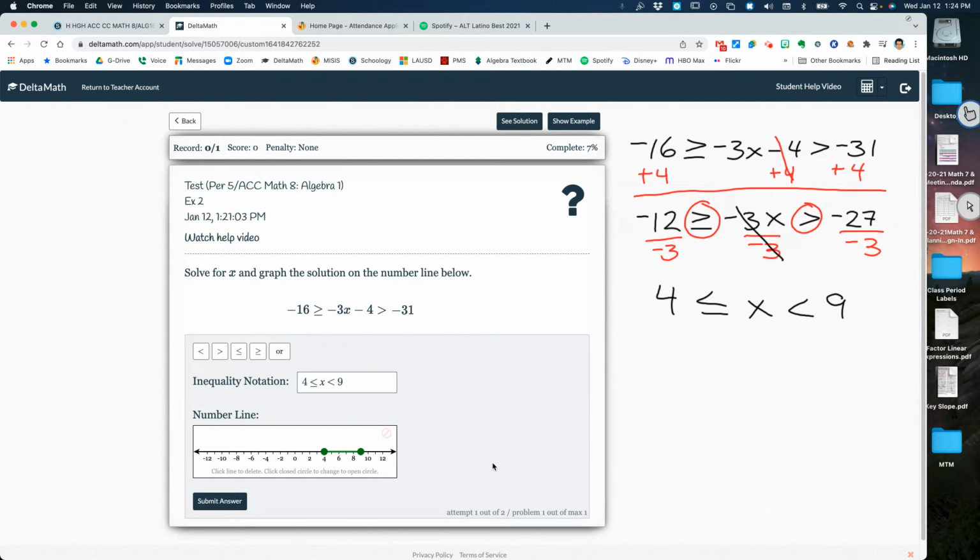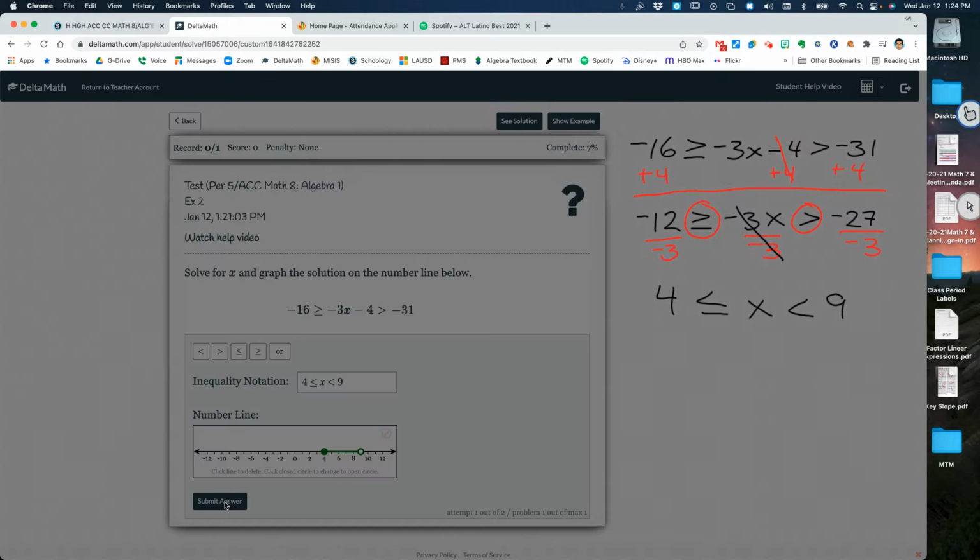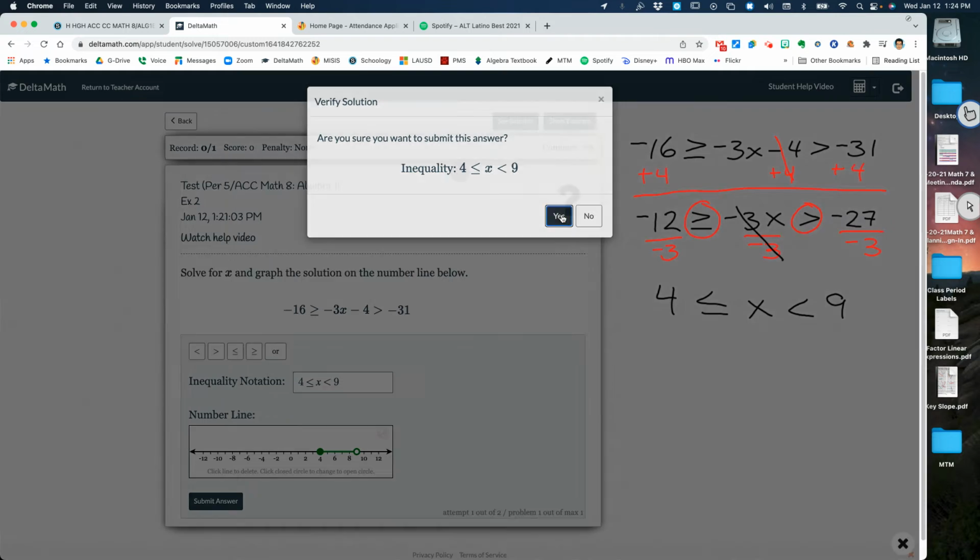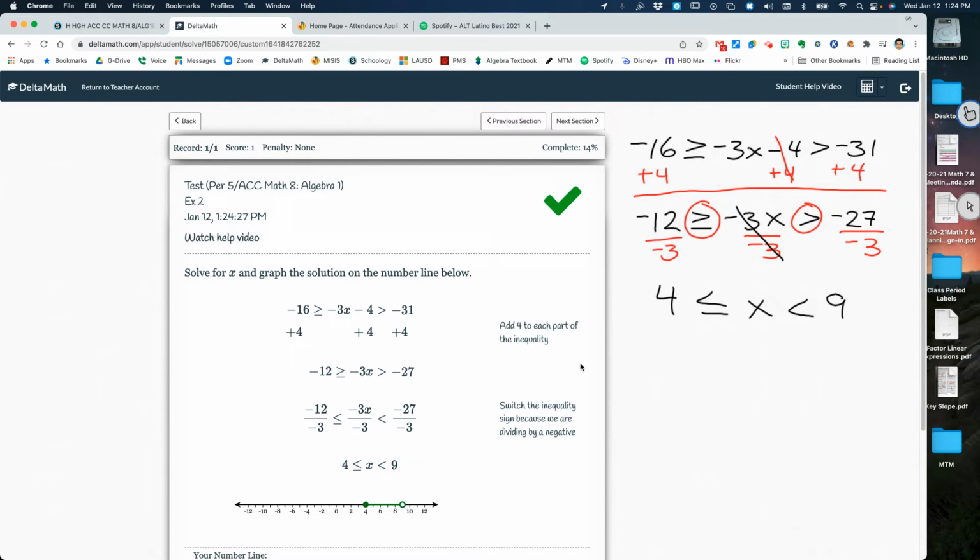There it is, 4 to 9. And one of these has to be open at 9. Okay, I'm going to double check that, make sure it all follows. Okay, I think so. Has anyone submitted and it went through? Got it. All right.